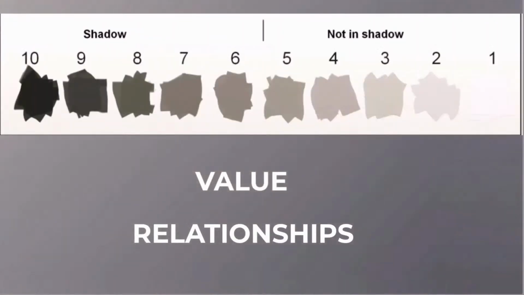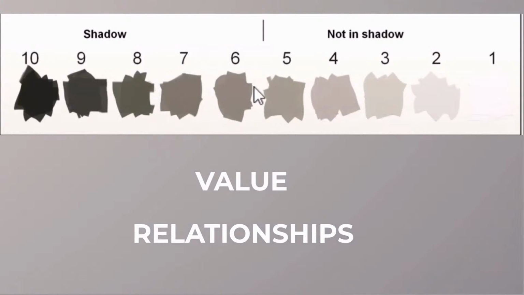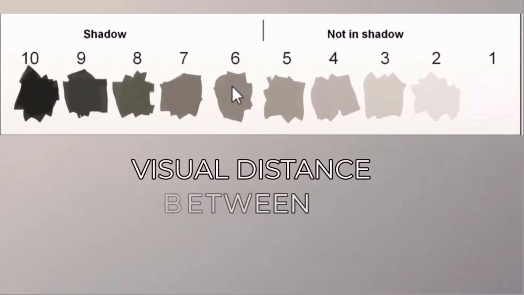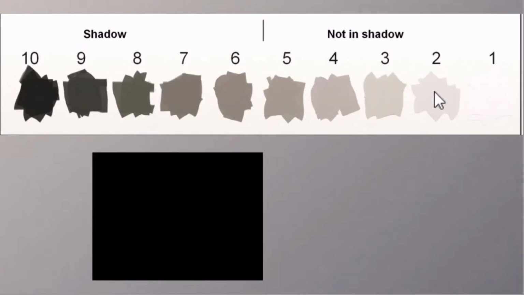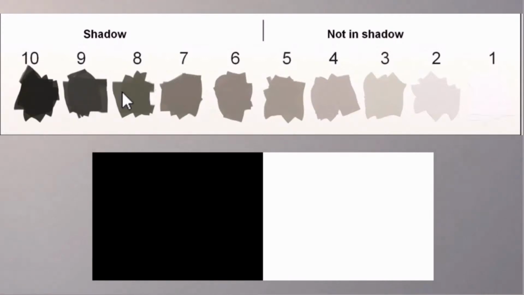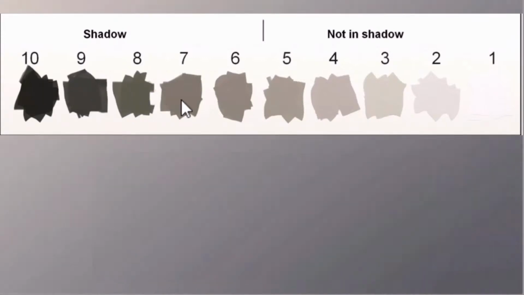A value relationship is the visual distance between two values. The strongest value relationship, the darkest dark, the lightest light, we have all these values in between. That gives those two the greatest visual distance away from each other.